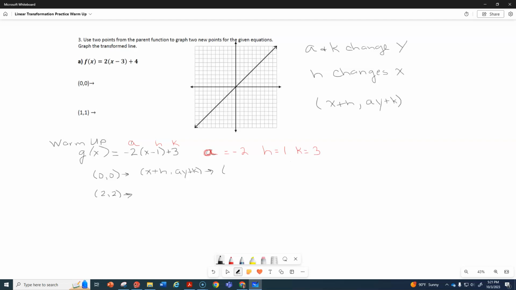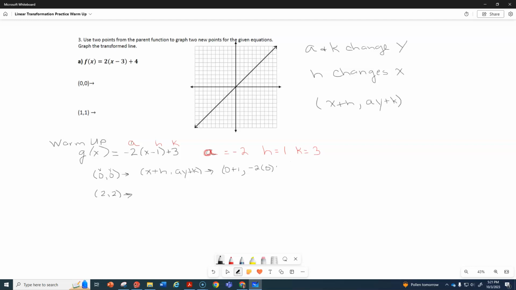So my X value, remember this is X and this is Y, is 0. My H value is 1. So 0 plus 1. And then I'm going to put a comma, and then A, which is -2, times my Y value, which is 0.